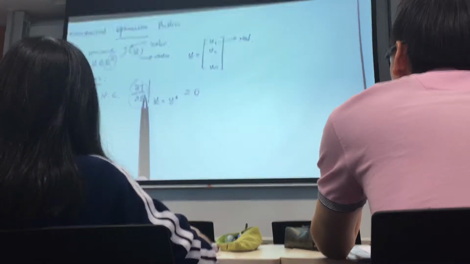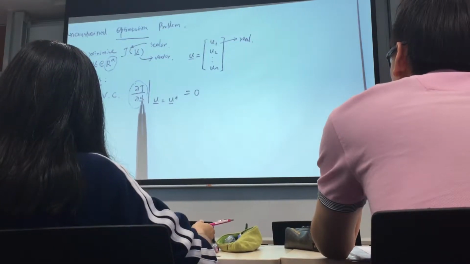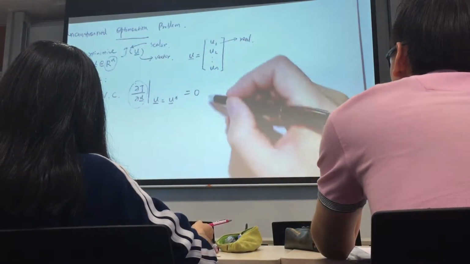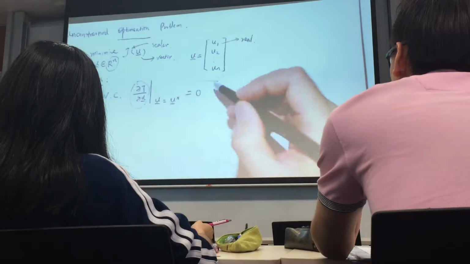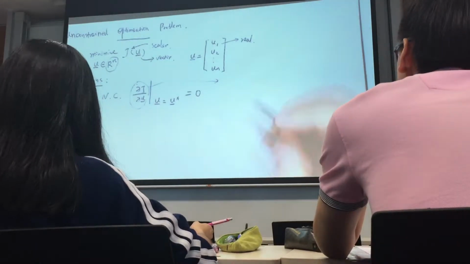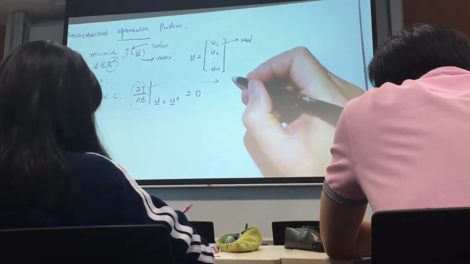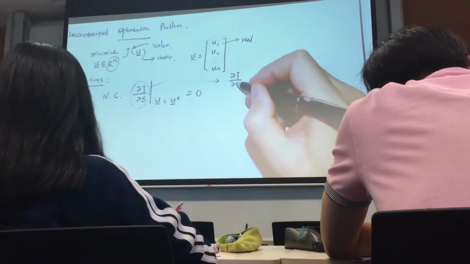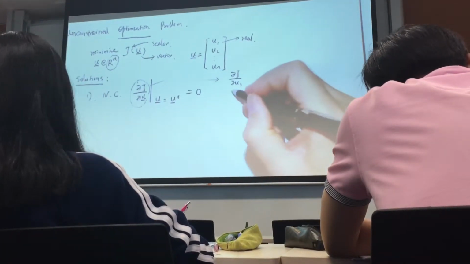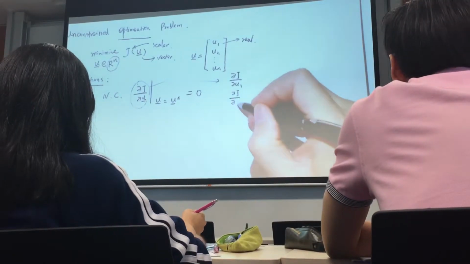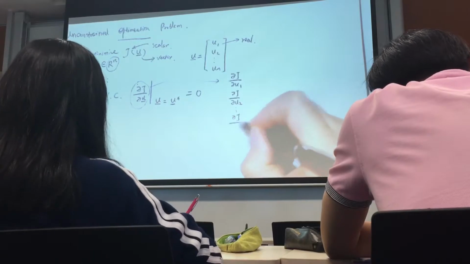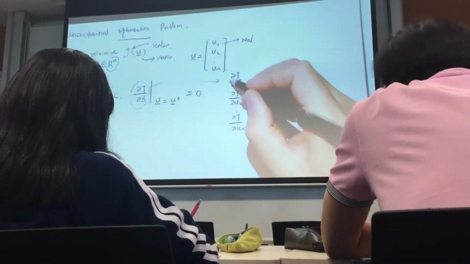Based on matrix calculus, this derivative can be defined like this: dJ/du1, then dJ/du2, up to dJ/dun.